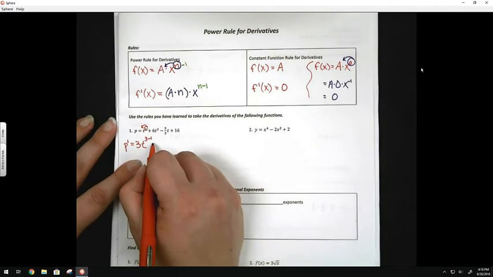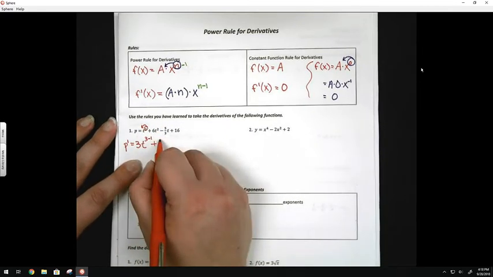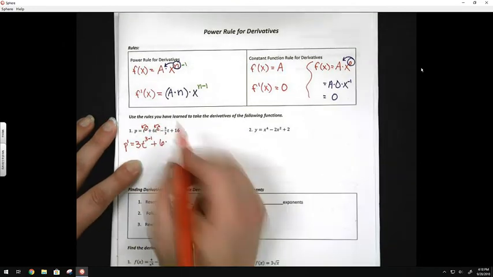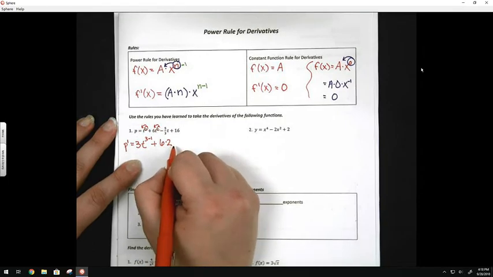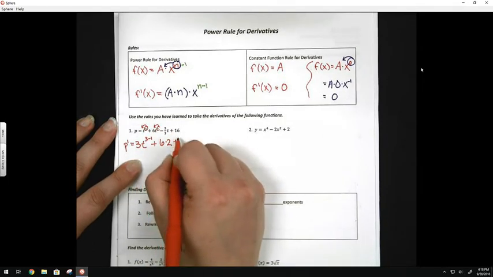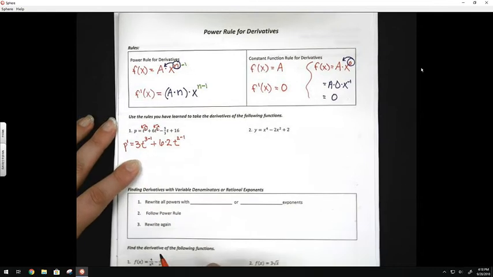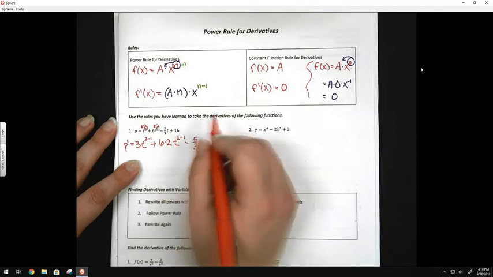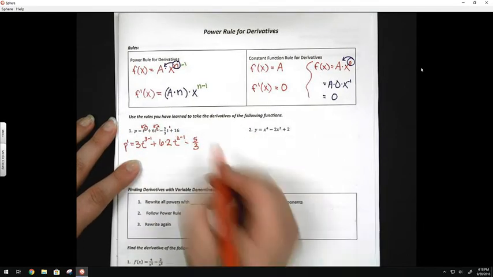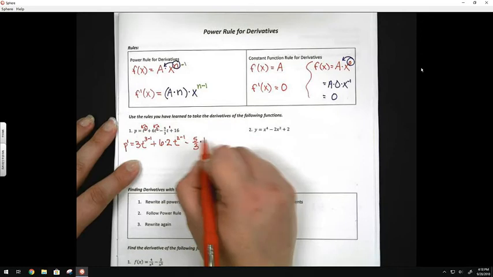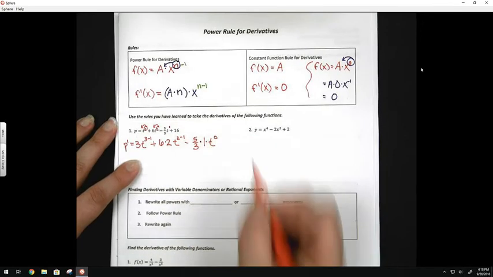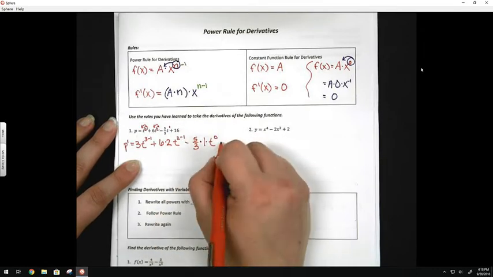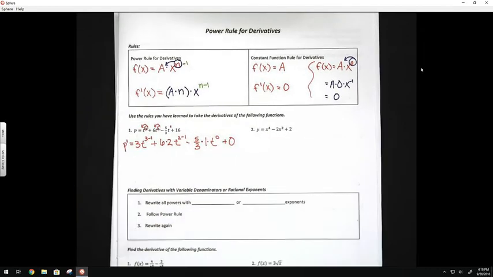For the next one, the 6 is there, so 6 times, and we drop our exponent to become a 2 down here, times t to the 2 minus 1. Then we have minus 5 over 3, where technically there's an exponent of 1 that we drop, times t to the 0. And then we have this 16. That's a constant, which means that derivative is just 0.